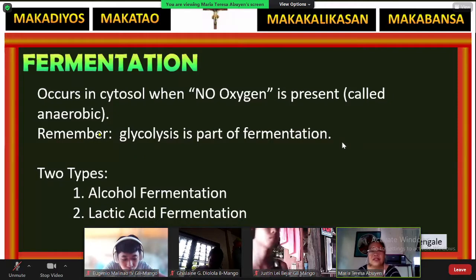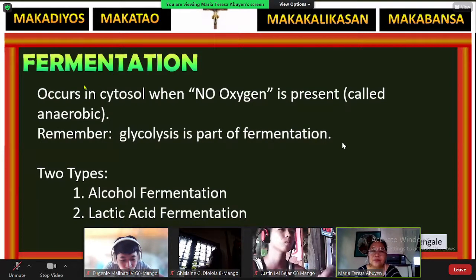Now, as I said, when the cell doesn't have oxygen, glycolysis will proceed to fermentation. Like glycolysis, fermentation takes place in the cytosol of the cytoplasm.